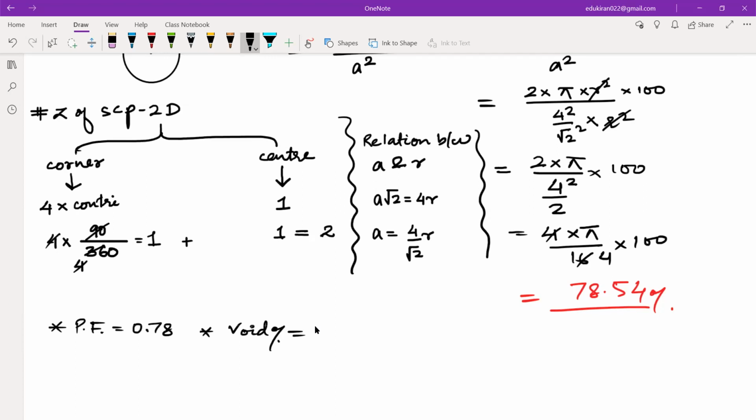I hope you know, guys, remember void percentage is 100 minus the packing efficiency.